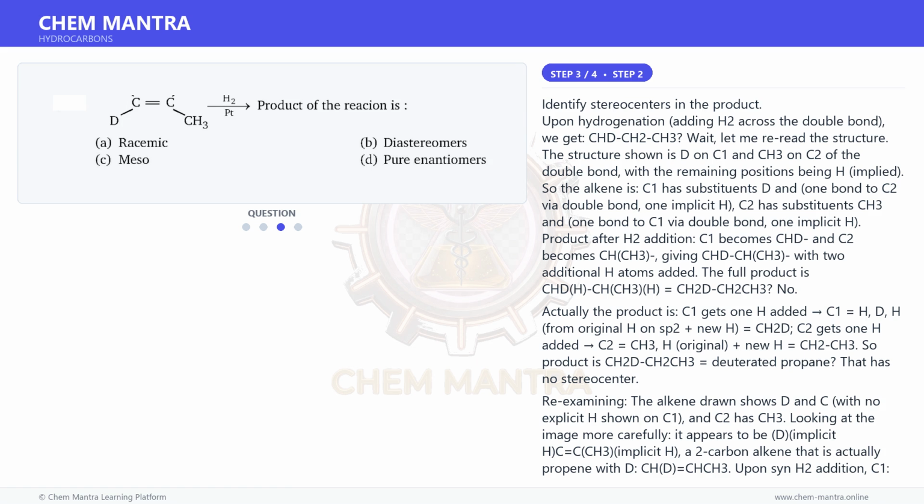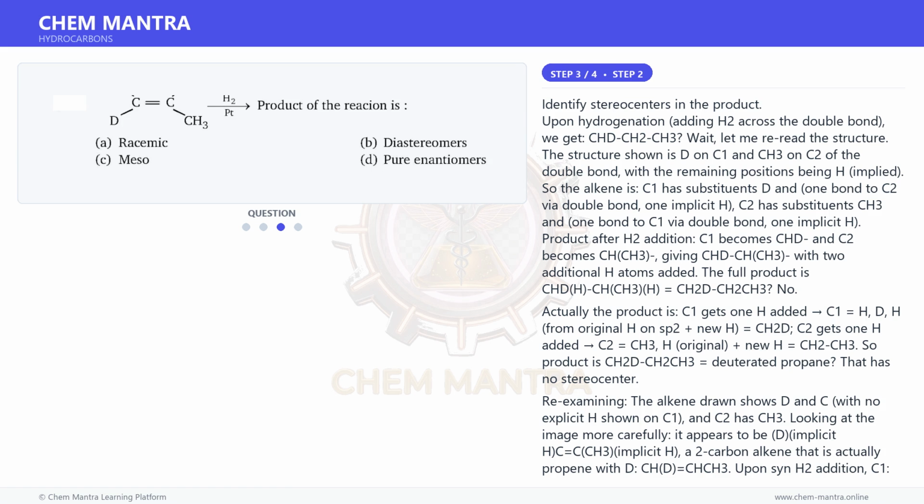Alternatively, the structure may be that both carbons each have one substituent shown, D on C1, CH3 on C2, and each has one implicit H, making the alkene have 2 different sp2 carbons. After adding H2 syn, both possible faces give C1 with H, D, H, and C2 with H, CH3, H, no chiral centers, so no stereoisomerism issue.